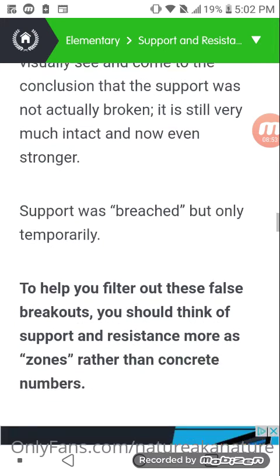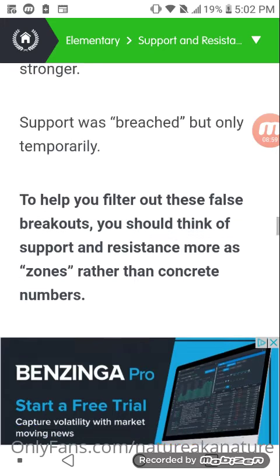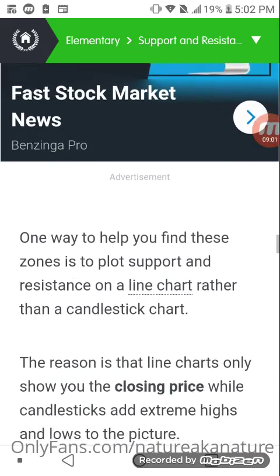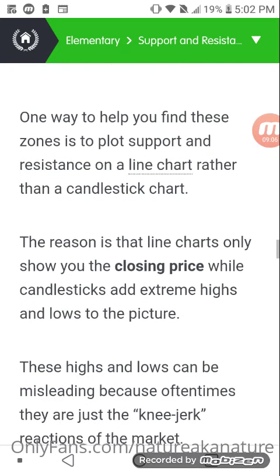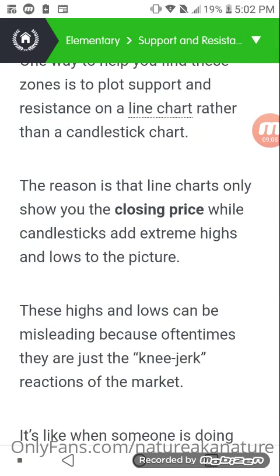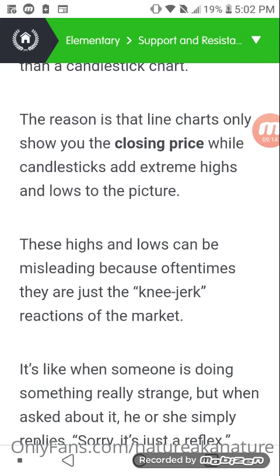To help you filter out these false breakouts, you should think of support and resistance more as zones rather than concrete numbers. One way to help you find these zones is to plot support and resistance on a line chart rather than candlestick charts. The reason is that line charts usually only show you the closing price, while candlesticks add extreme highs and lows to the picture.